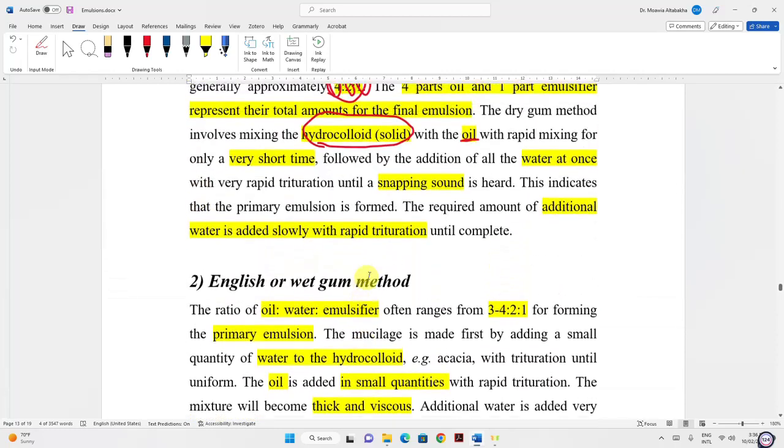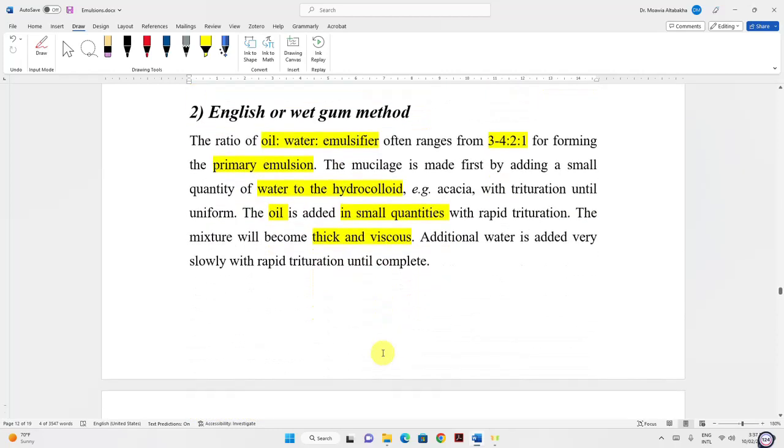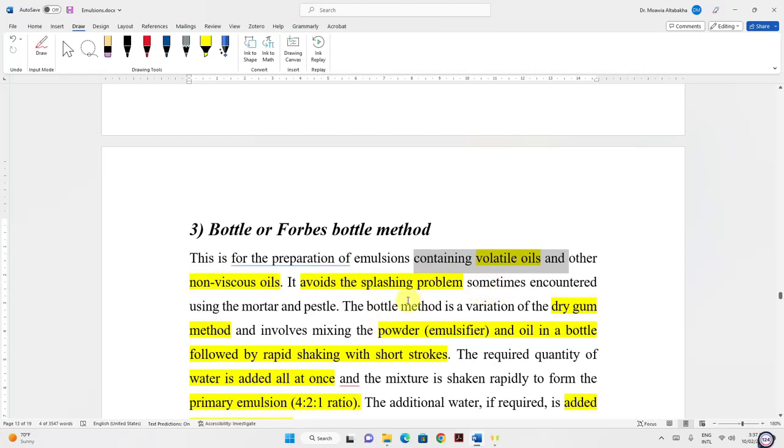The problem here is you are using mortar and pestle, and for these oils, because they are very light, if you want to use mortar and pestle, it will cause splashing when you are triturating, because you have to put energy and do it fast, you might cause splashing of the contents. That's why you say, okay, I'm gonna use a bottle, and essentially you are using the same dry gum method اللي هي continental. You are doing the same thing, okay?